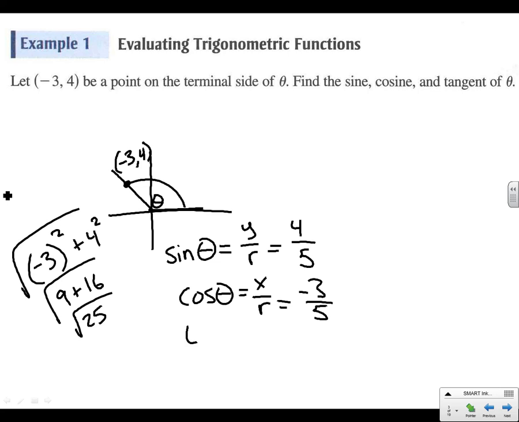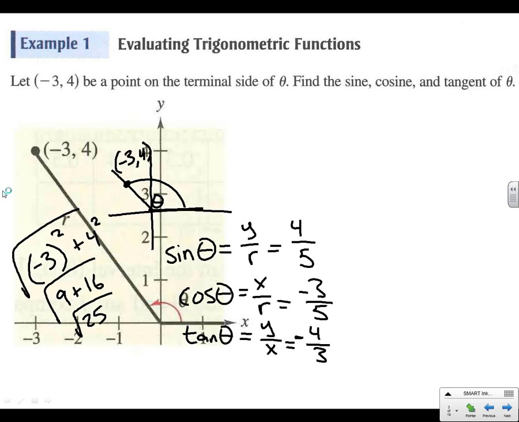Then tangent. Tangent we could have gotten right from the get-go, didn't need to know r. Tangent is y over x, so we say 4 over negative 3. It doesn't matter if the negative's in the top or the bottom. We put the negative out front on this one, so negative 4 over 3.